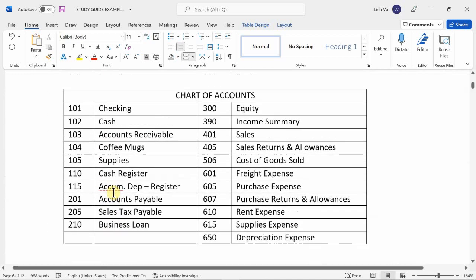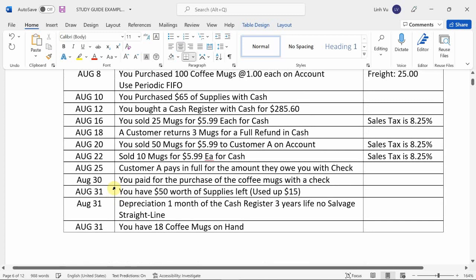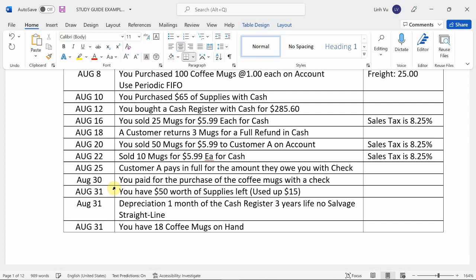Okay, so let's see what happened next. So August 25th, customer A pays in full for the amount that they owe you with a check. So in this case, we didn't give them any terms or anything because I'm not going to test you on that. Okay.